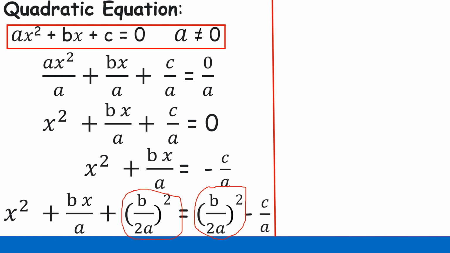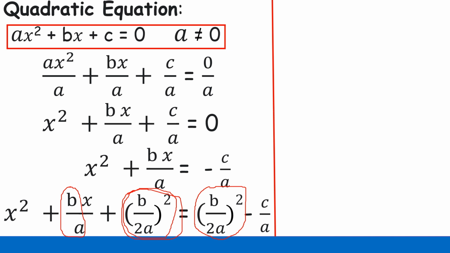And what is the coefficient of x? The coefficient of x is b over a. When we divided it by 2, we have b over 2a. So dividing it by 2, and then squaring it, is what we have done to both the left-hand side and the right-hand side. That is, we added that value to the left-hand side and also to the right-hand side.